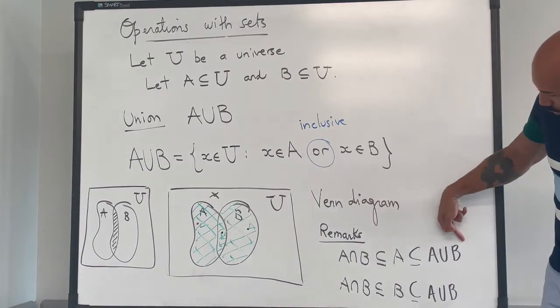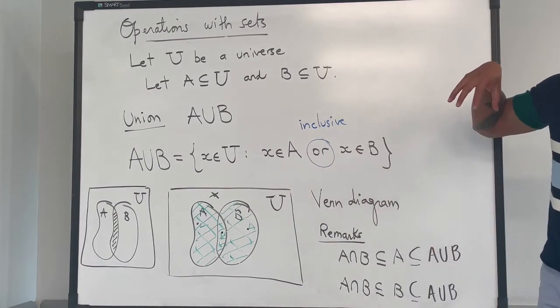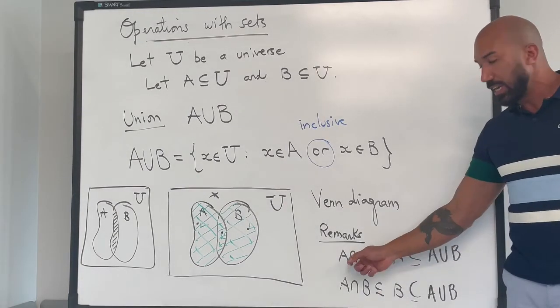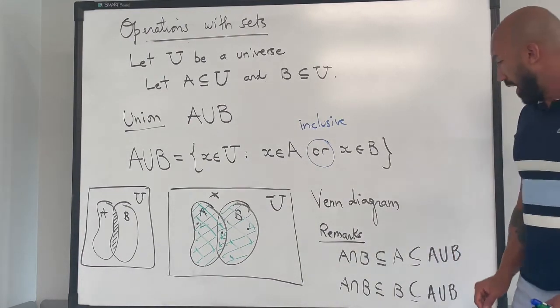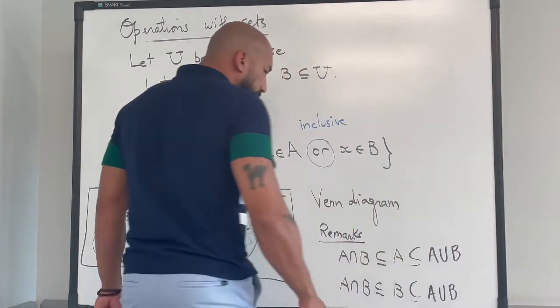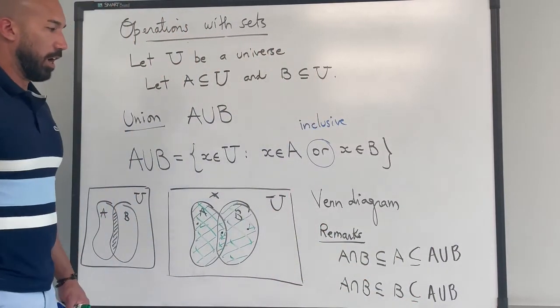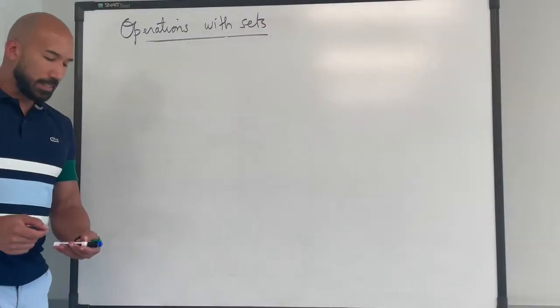If we take the union with B, either the union is equal to A or it is bigger. But never is the union smaller than A, and never is the intersection bigger than A. These inclusions are not valid the other way. Is that okay? So let's see some examples.